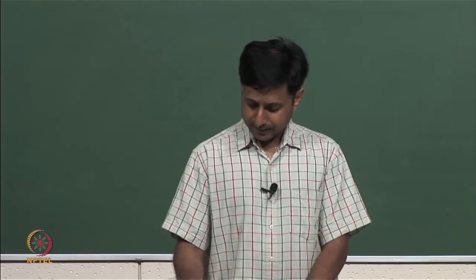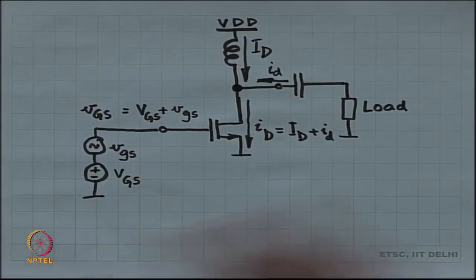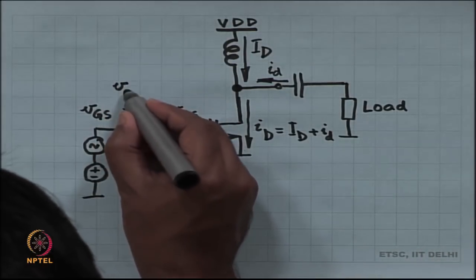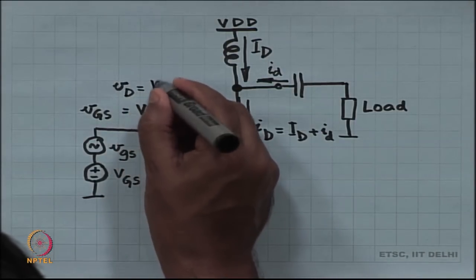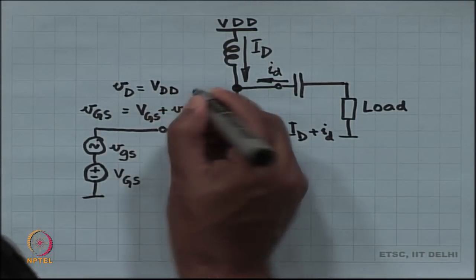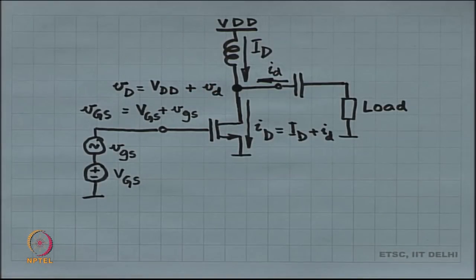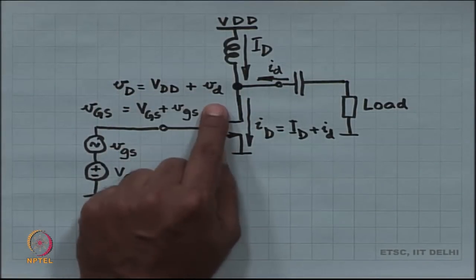Now, if you think of the voltage over here, right, there is a DC operating point part which happens to be equal to VDD plus an incremental part.